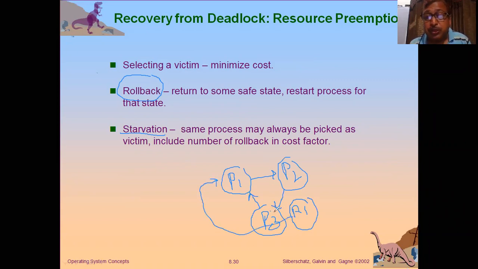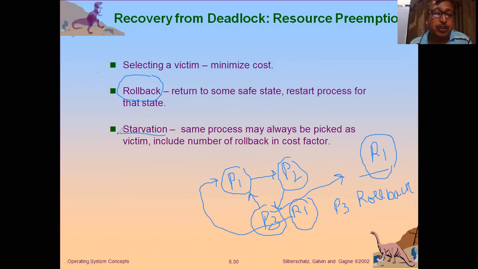Then P3 has to be rolled back to a certain position, because P3 was working on this resource R1 and must have done some work. That work is not completed yet, so it will be wasted, and P3 has to be rolled back to a certain position. From there it can restart.